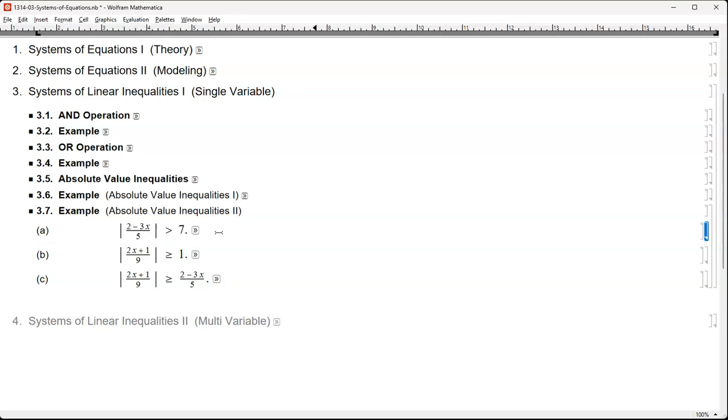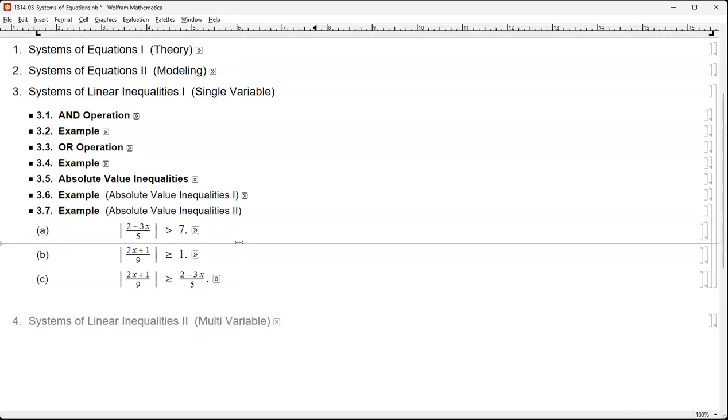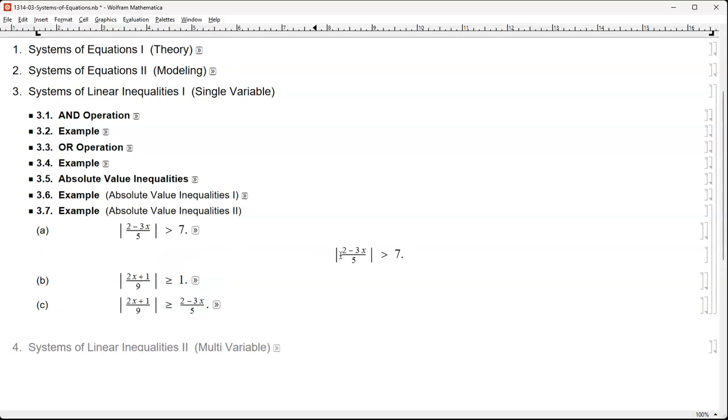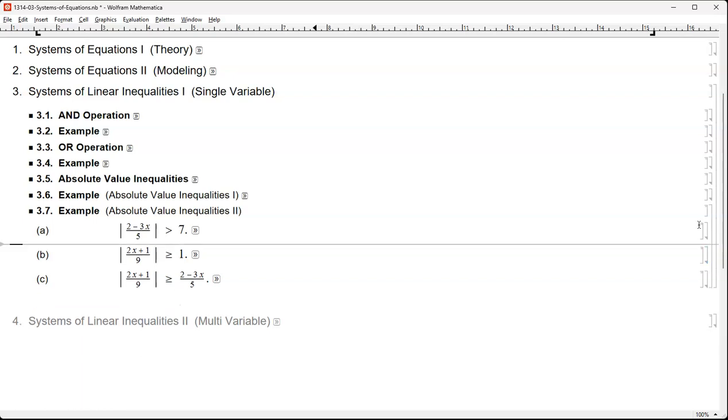So this thing here can be rewritten like this, or like that. So we can go ahead and solve this and solve that, and then put those two together through the OR operation.